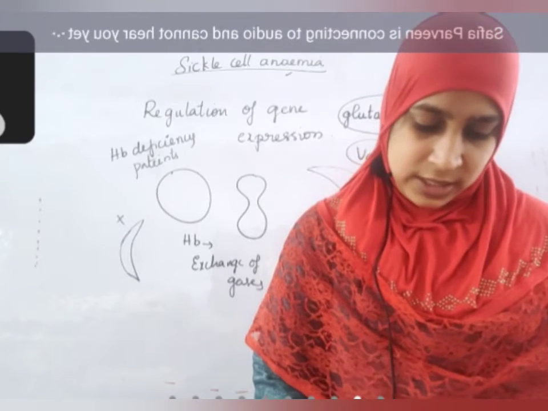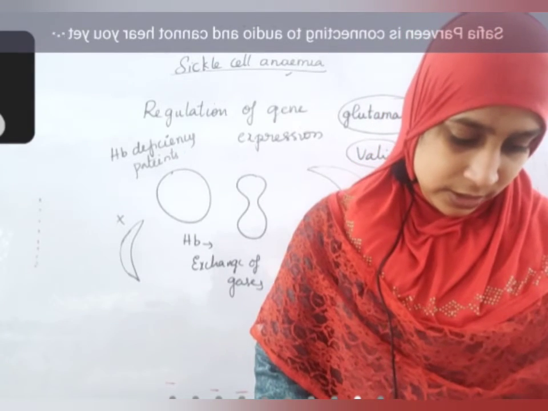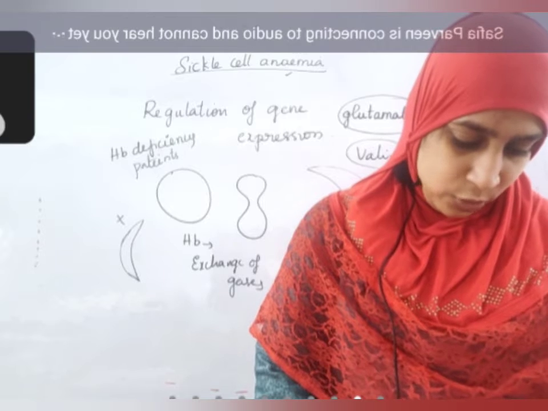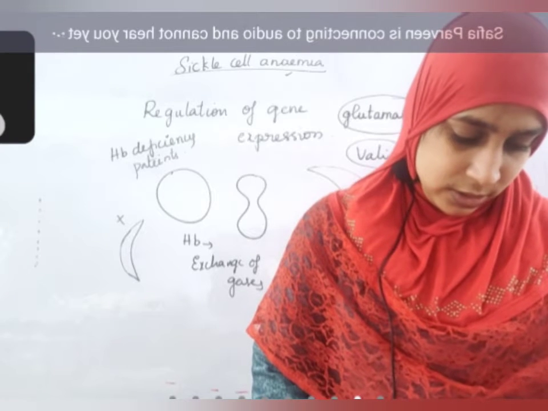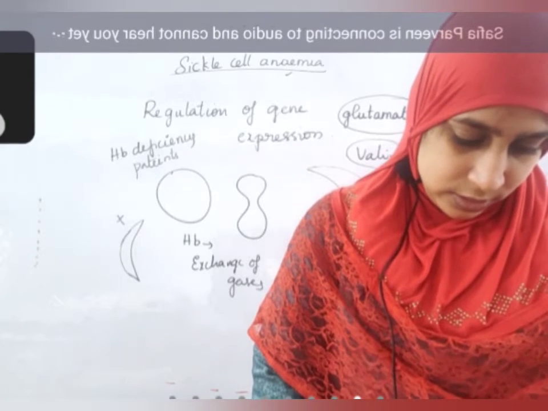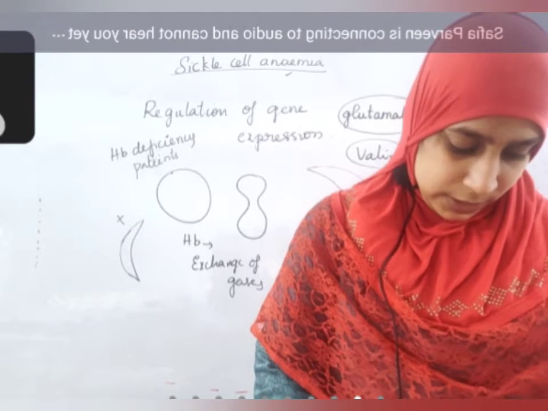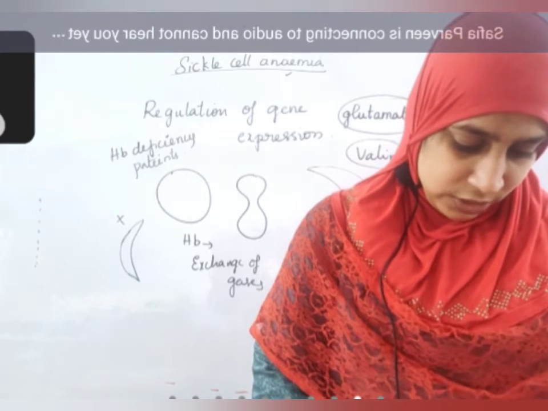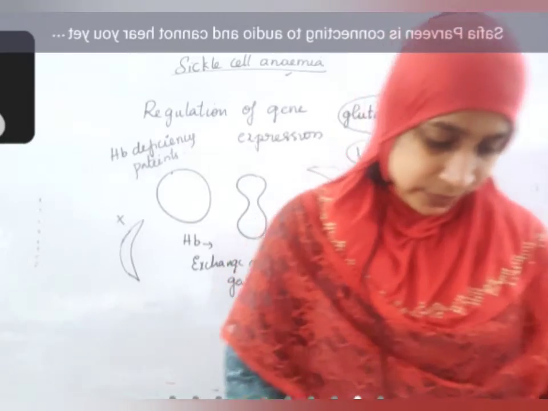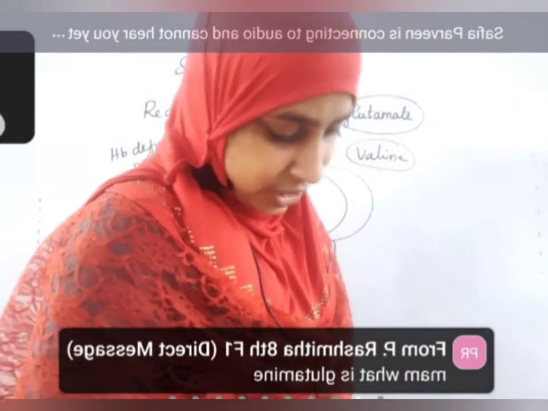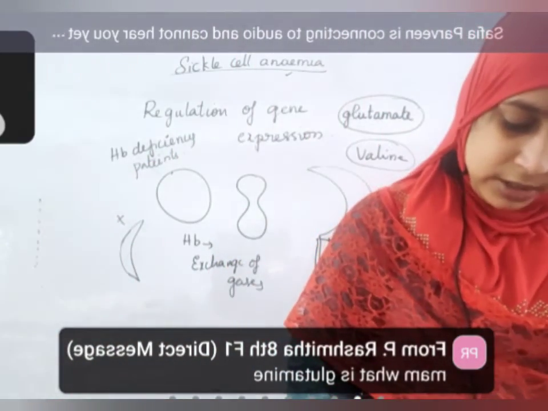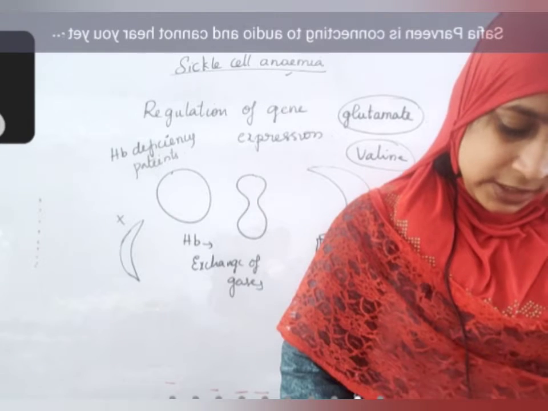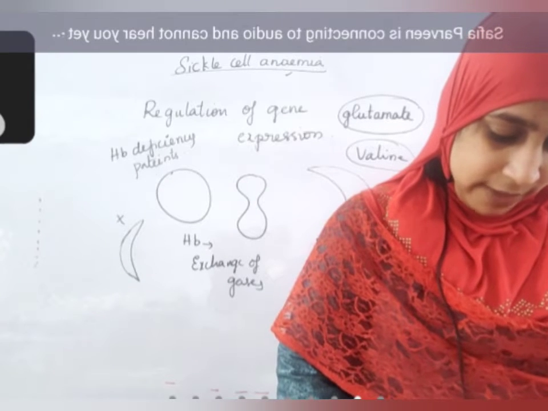Let us see what the code for glutamate is. You have the table on page number 112. You can check it for yourself. GAA, GAA and GAG are the codes for glutamate. Instead of that, valine is formed.